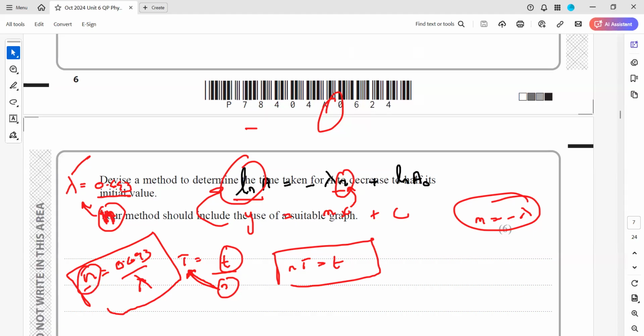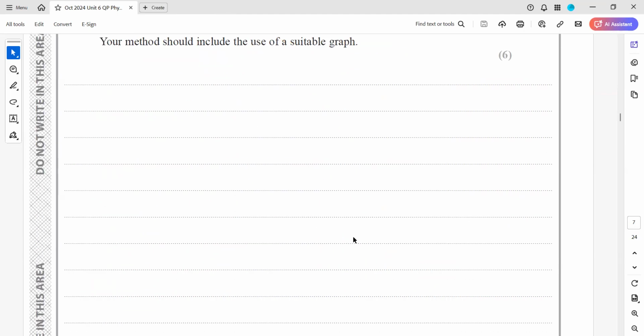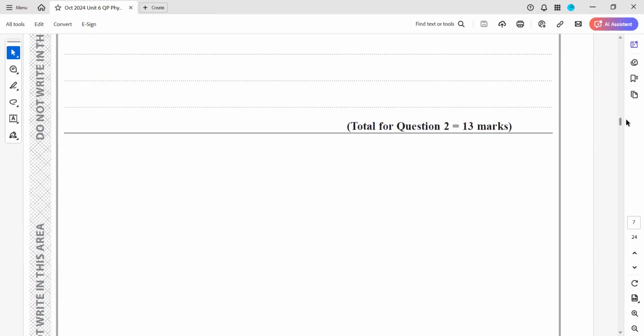After getting this new n, multiplied by the time for one oscillation, we'll know the total time it will take to become half of its original value. Is this clear? Because n was used twice, but one n is the number of oscillations, and the other is the n when it becomes half of its original value.